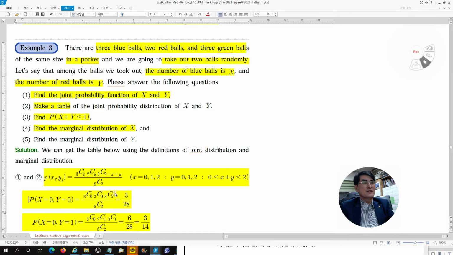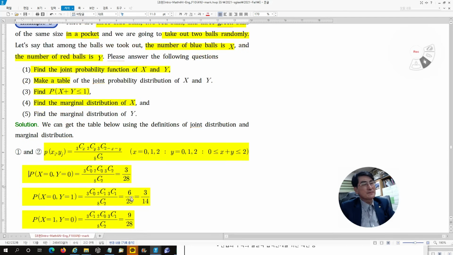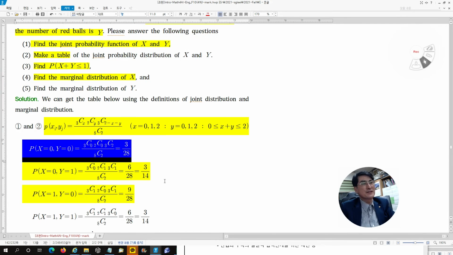So 3 choose 2, which is 3, is the numerator, and 8 choose 2 is the denominator. So 3 over 28 is the answer for this.